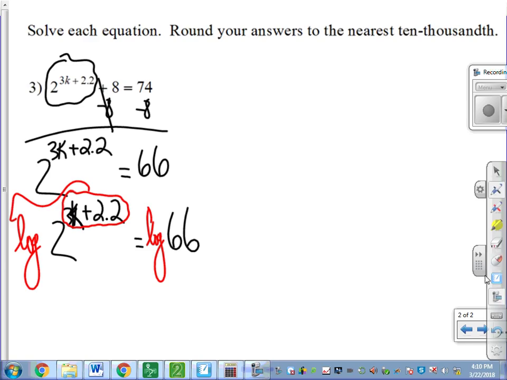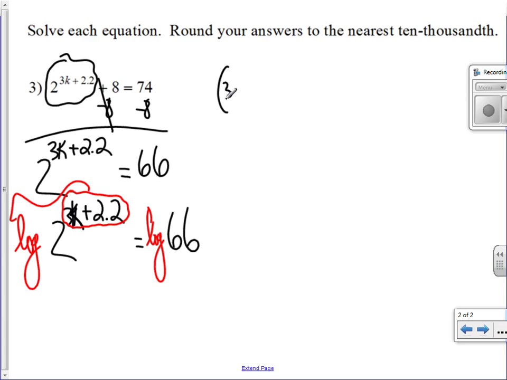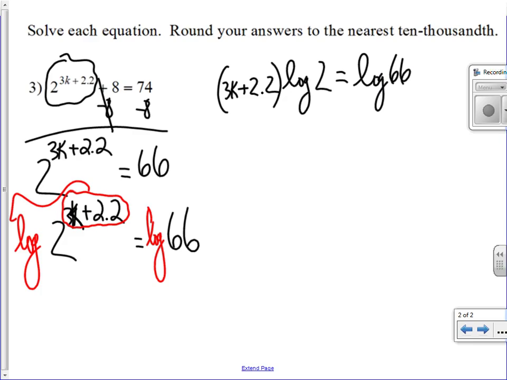What that gives me now is 3k plus 2.2, and it's functioning now as a multiplier. It's multiplying log 2 equals log 66.